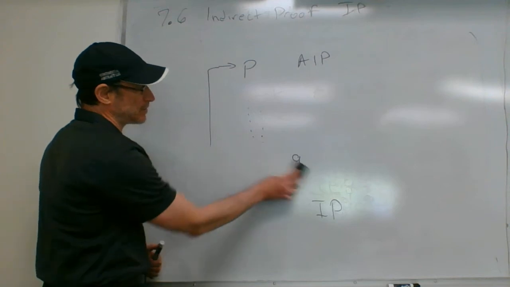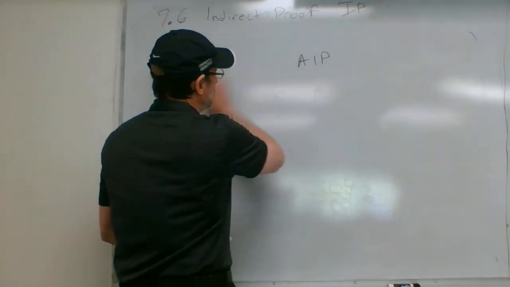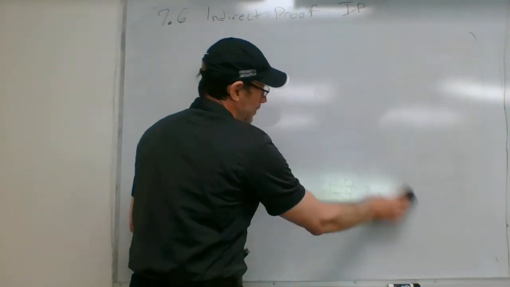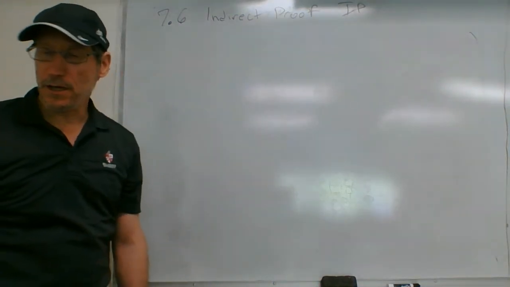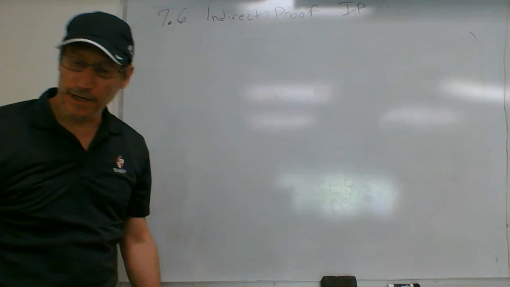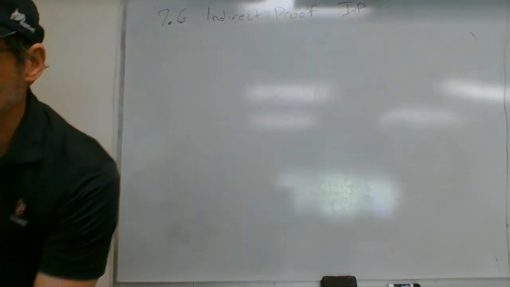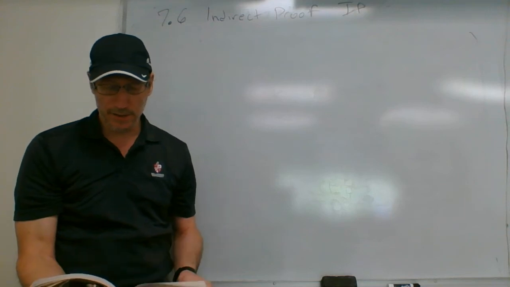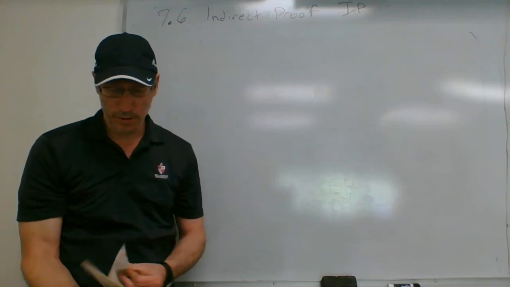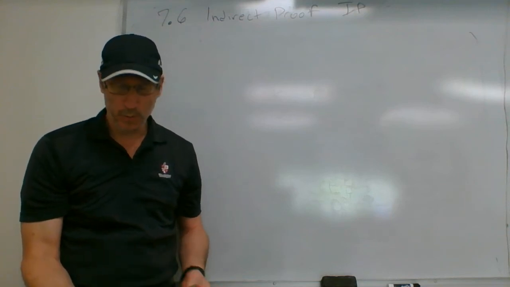Again, some of this is a little hard to follow without seeing a specific example. So again, I'm going to do some examples on the board, and then you're going to have to try to do some of the proofs on your own from the end of 7.6. Again, it's going to be Roman numeral 1.